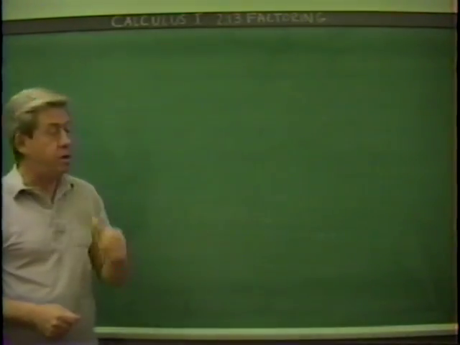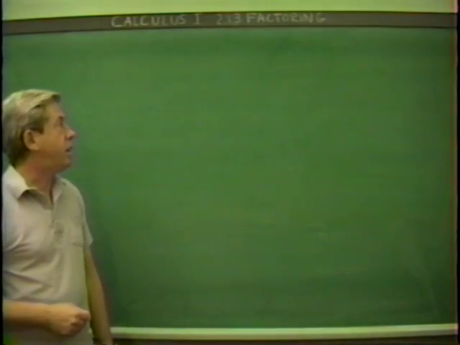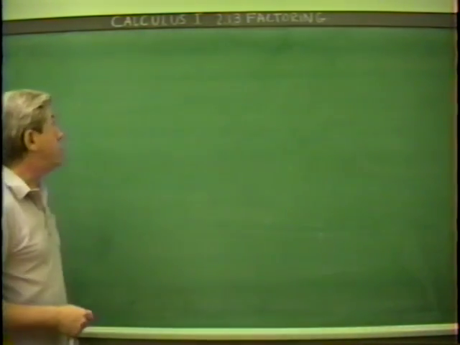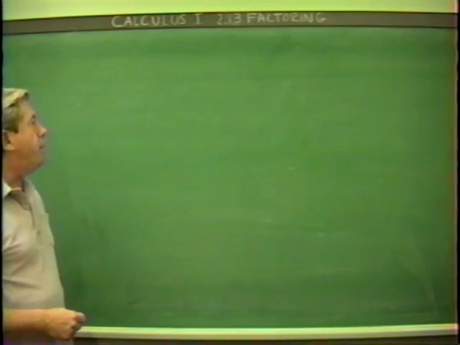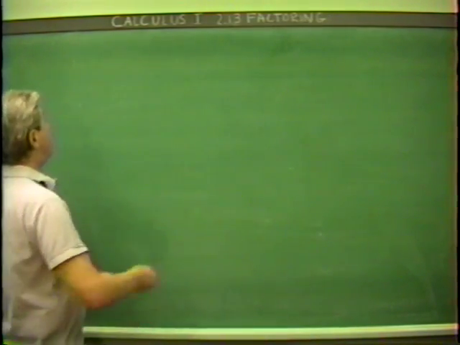Before we proceed further into the subject matter of calculus, before we even start, I want to say something about factoring polynomials. In particular, the following result is very useful.